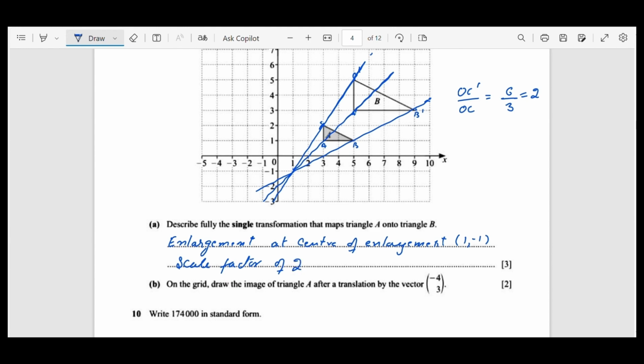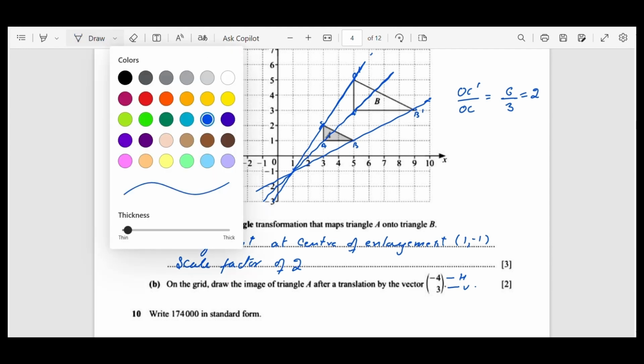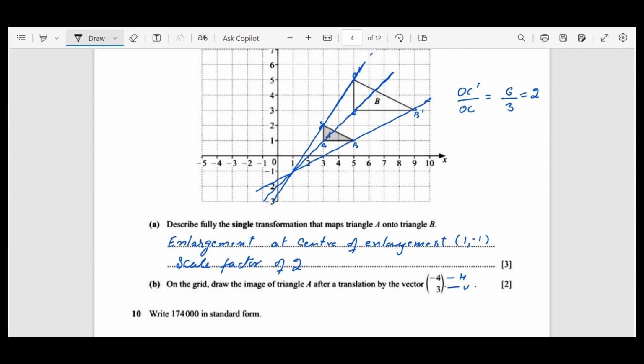Next is, on a grid, draw the image of triangle A after a translation by the vector minus 4, 3. This is the horizontal movement and this is the vertical movement. So minus 4 means it is left hand side. Let me change the color of my pen first. So minus 4, that means A will be 1, 2, 3, 4 and 3 up, 1, 2, 3. So this will be A double dash.